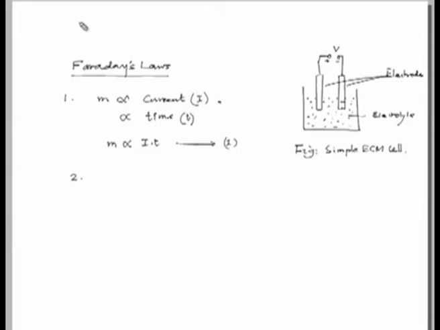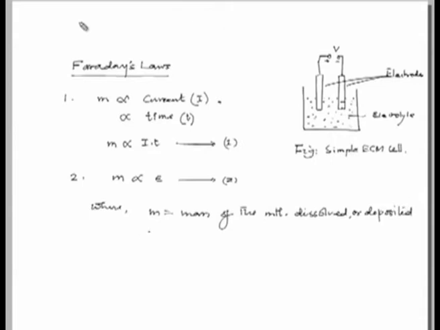Here the second law says mass is proportional to epsilon, where m is the mass of the material dissolved or deposited, I is the current, and epsilon is the gram equivalent weight of the material.